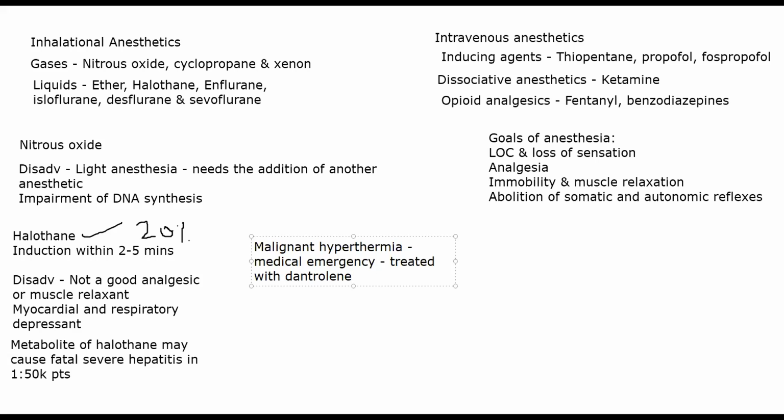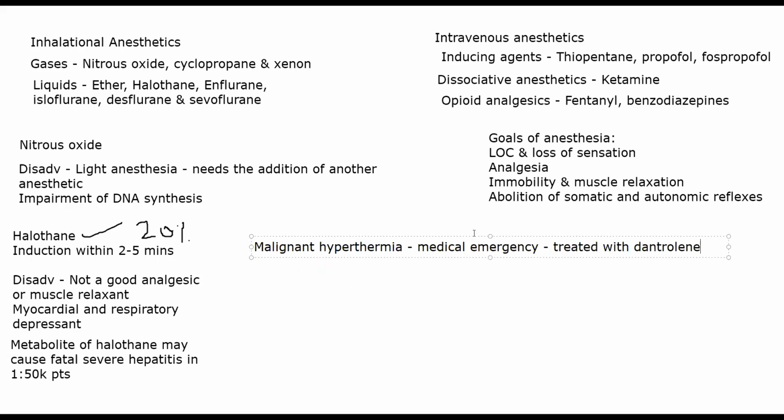Okay, in case someone is having a reaction due to halothane, wherein they are having malignant hyperthermia, you immediately give dantrolene, and dantrolene will neutralize whatever halothane is present in the patient's body. Right? I hope you understood that explanation of malignant hyperthermia.